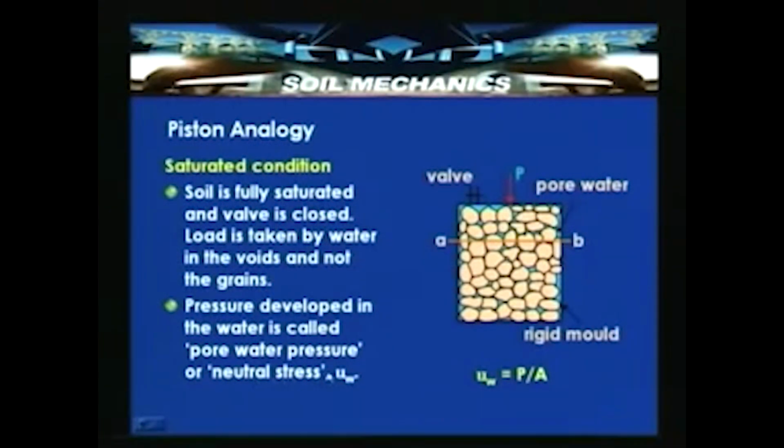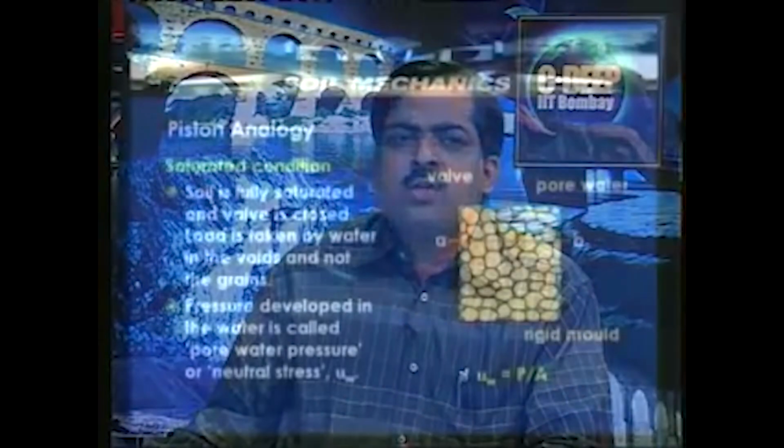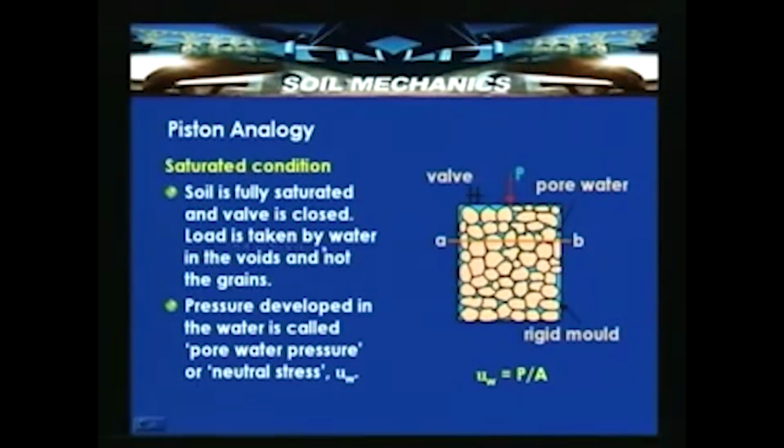So, sigma is equal to sigma dash plus u can be illustrated. Here the pressure developed in the water is called the pore water pressure, also referred to as neutral stress. The reasons we will discuss in the next lecture. But in the saturated condition, when the soil is fully saturated and the valve is closed, load is taken by the water in the voids and not the grains.